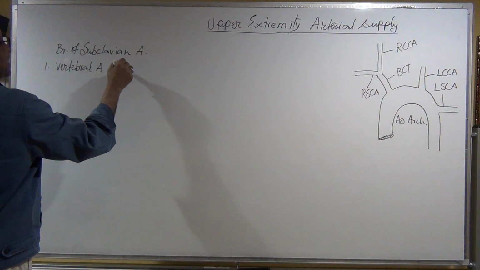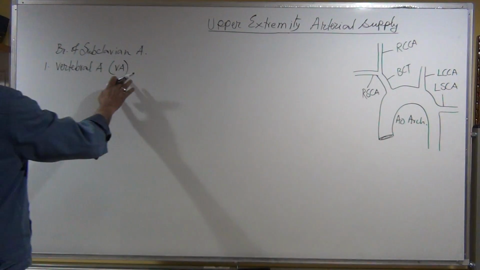We call it VA. It is the first branch of the subclavian artery.